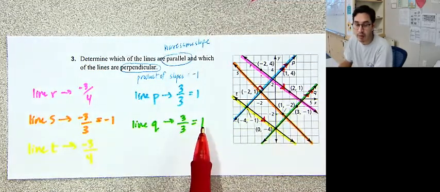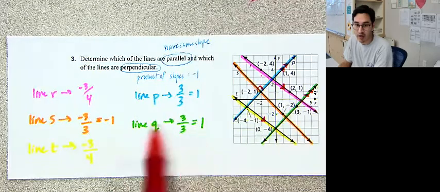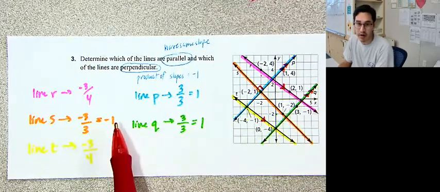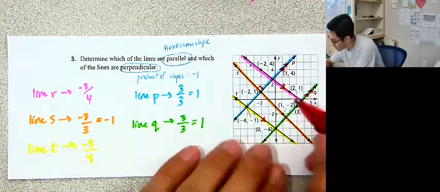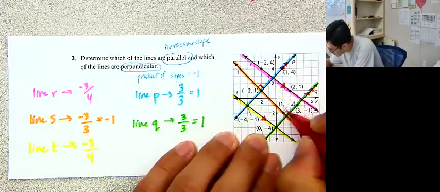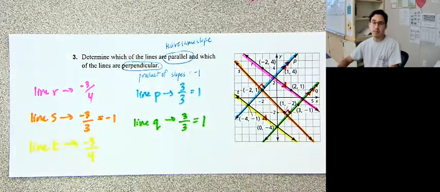Also, if I take the slope of the green line and multiply it with the slope of the orange line, 1 times -1 gives a product of -1 as well. So the green and orange lines are also perpendicular. So we have two sets of perpendicular lines, and two sets of parallel lines.